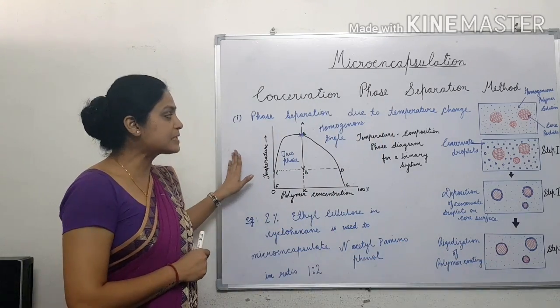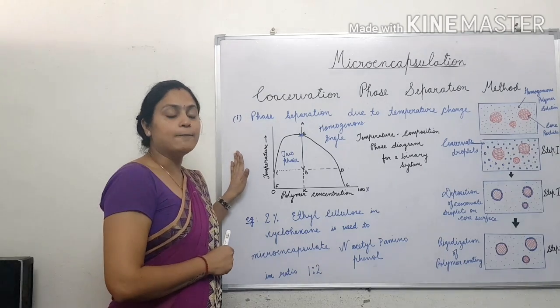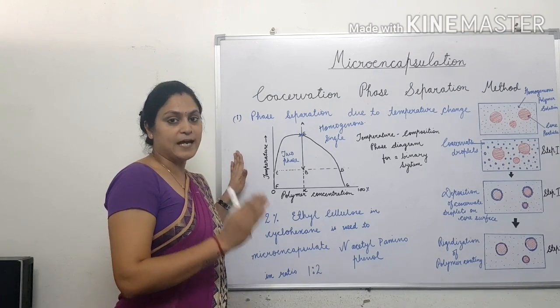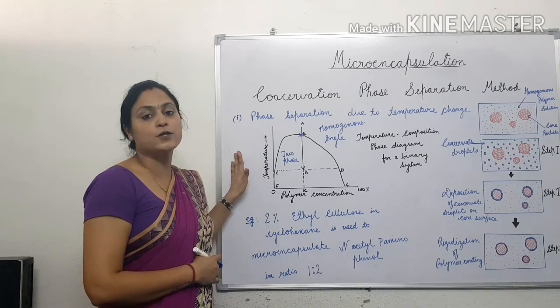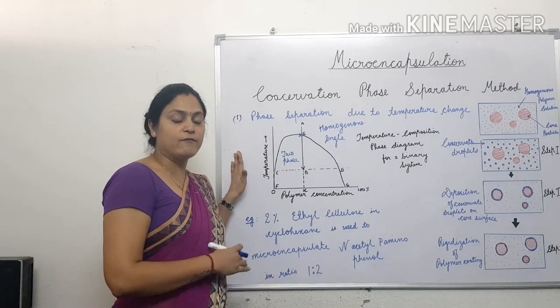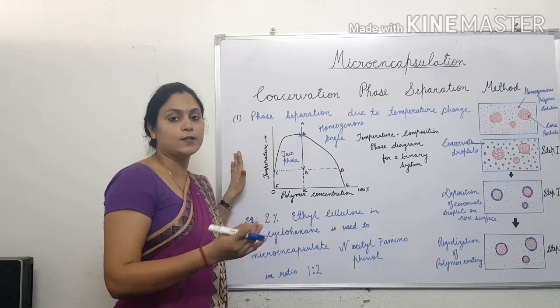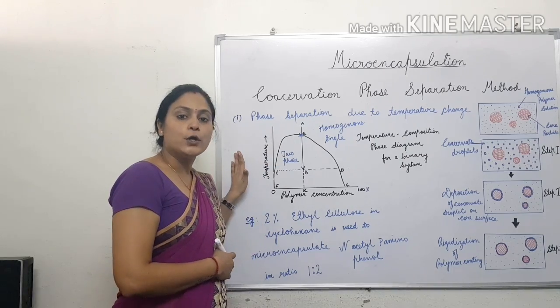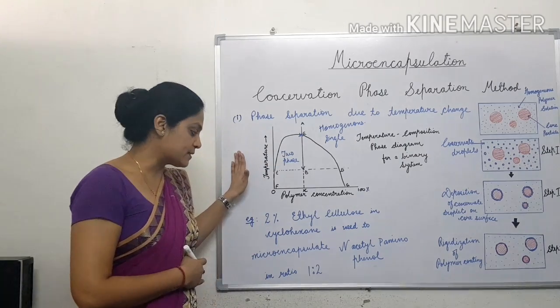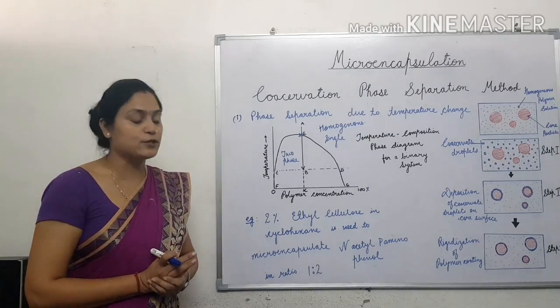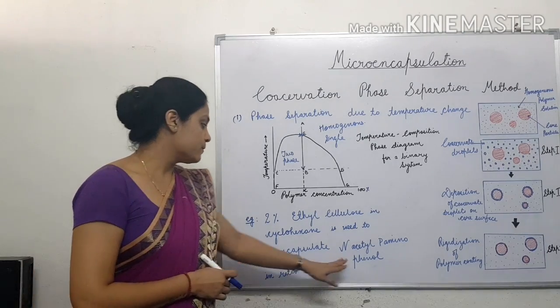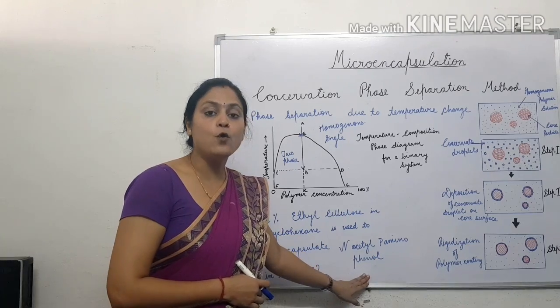So this is the principle when change in temperature is the main mechanism for the phase separation of the coating polymer, which is then made available for deposition over the core particle surface. Now, an example of this type of system is the microencapsulation of the drug acetyl para-aminophenol.